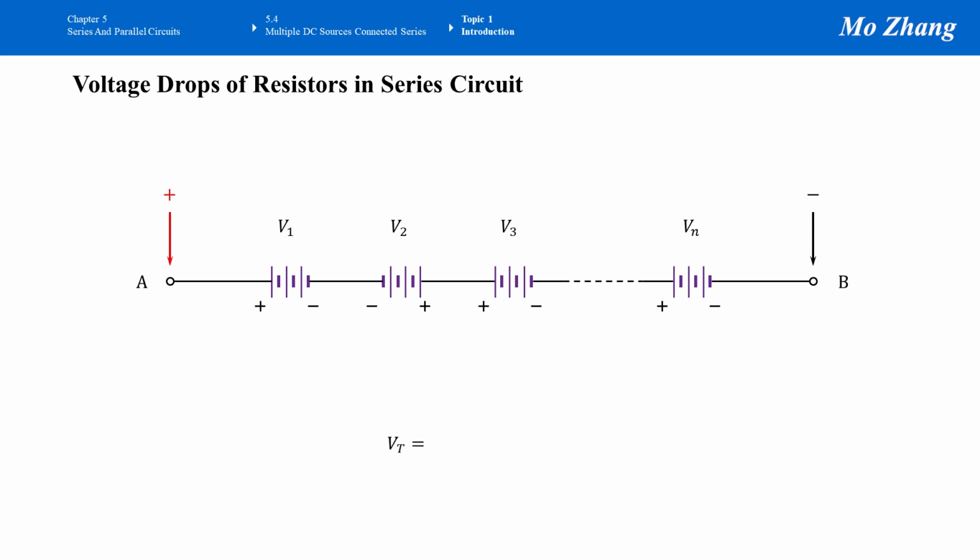The total voltage of the system, Vt, equals positive V1 minus V2, since it's in the opposite direction, plus V3, and so on all the way to Vn. So this is the expression for this circuit.